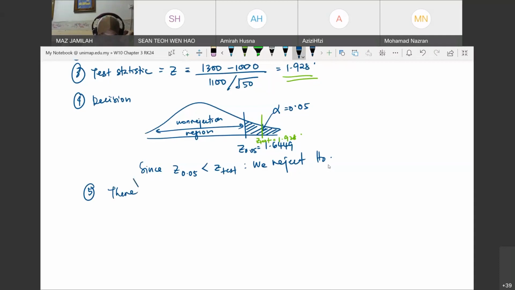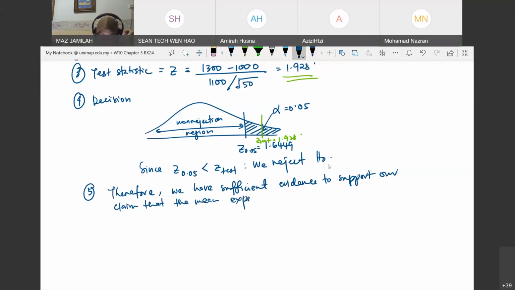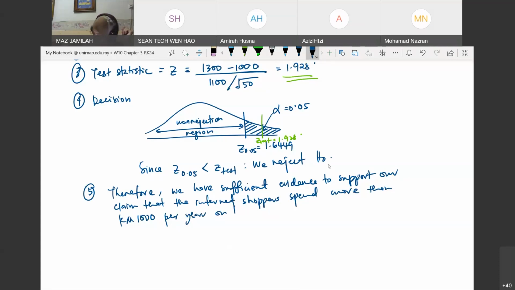So therefore, we have sufficient evidence to support our claim that the internet shoppers will spend more than 1,000 per year on the internet.